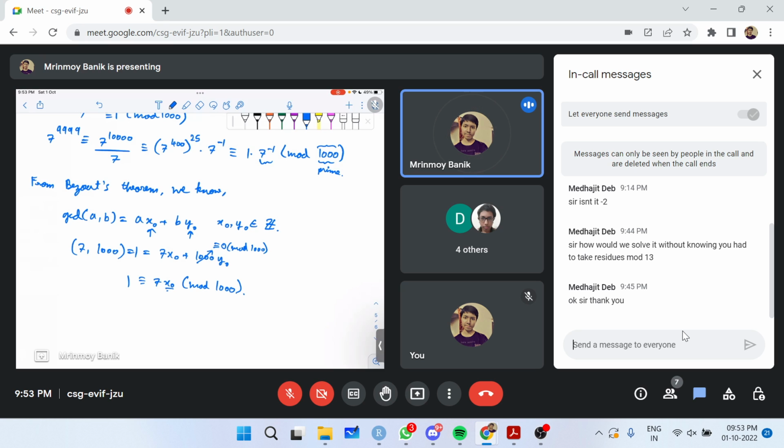Then x naught is exactly the inverse that we are looking for, since 7 times 7 inverse is 1.